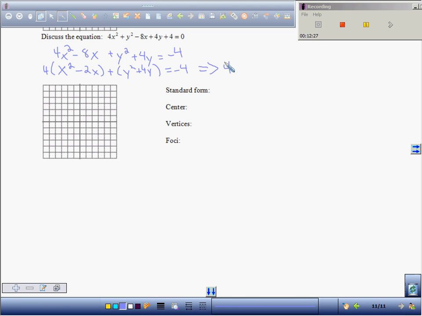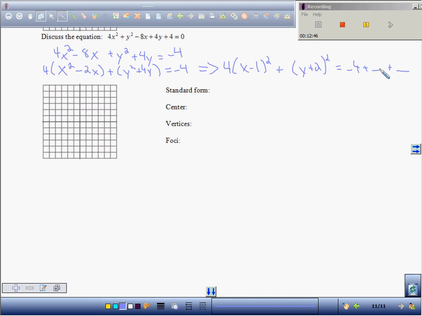And that gives me 4 times (x minus 1) squared plus (y plus 2) squared equals negative 4 plus something else. When I completed the square over here, I added negative 1 squared, which is 1, times 4.